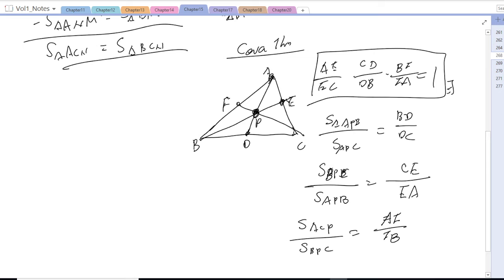Then you multiply them together. You will see APB, APB, ACP, APC, BPC, BPC is 1, so you can prove it.